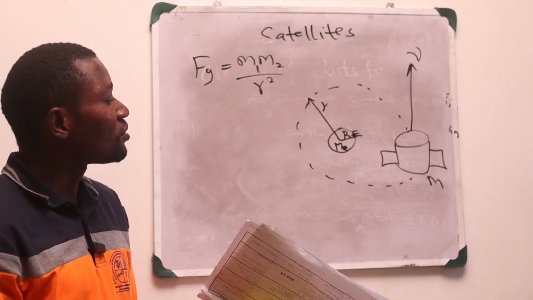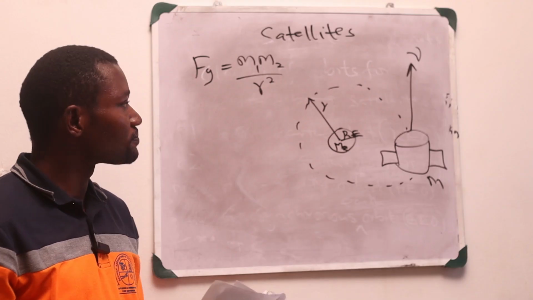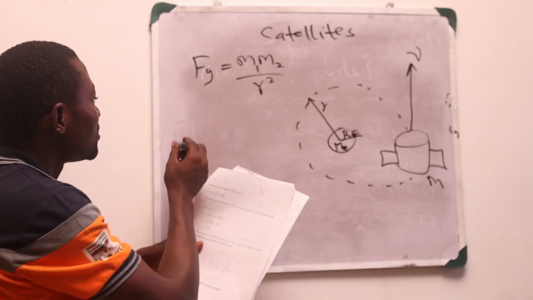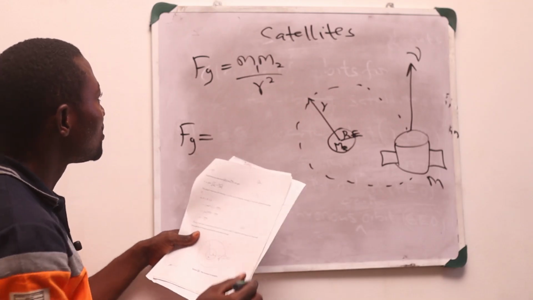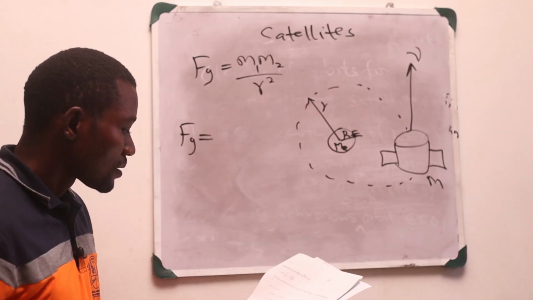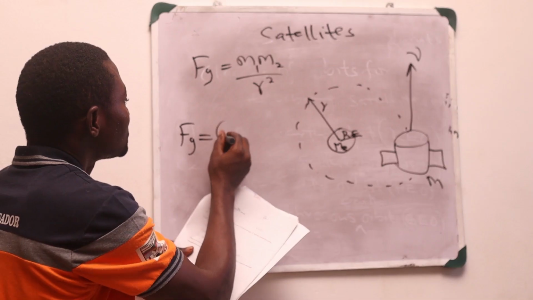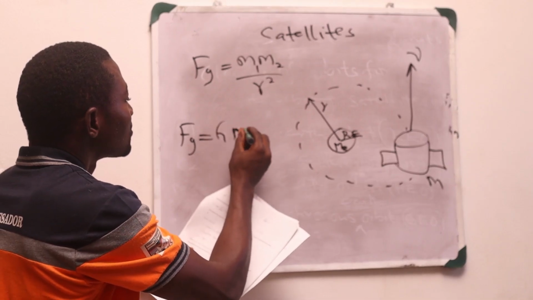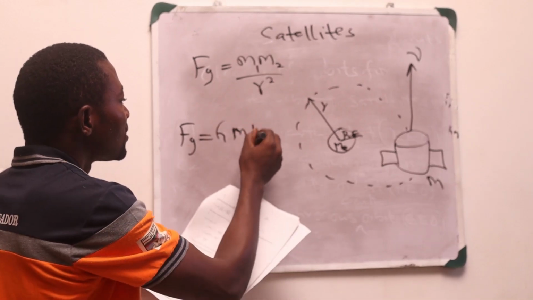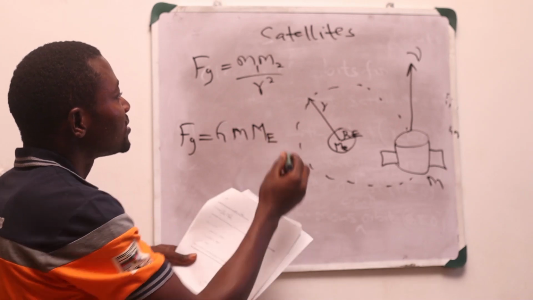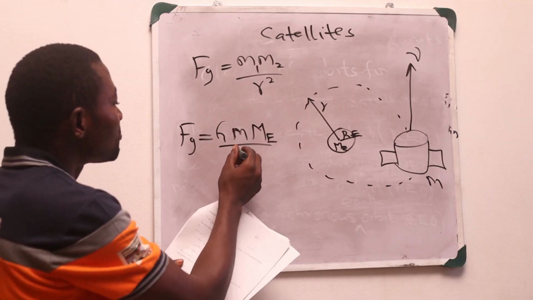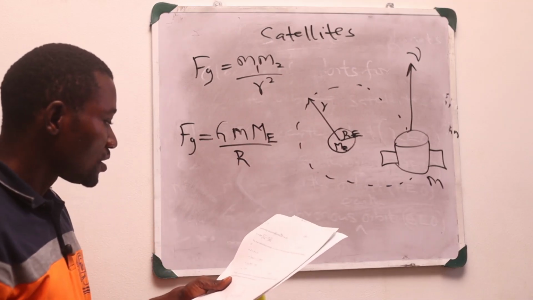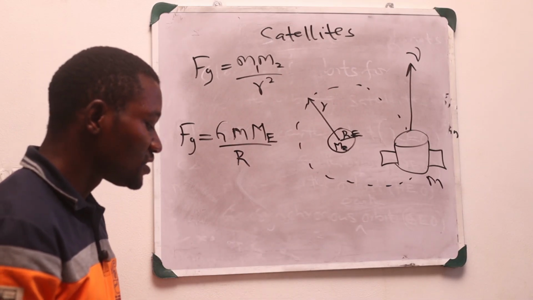We can apply Newton's law of universal gravitation, that the force of attraction between our satellite of mass m and the mass of the Earth, ME, is inversely proportional to the square of the distance.